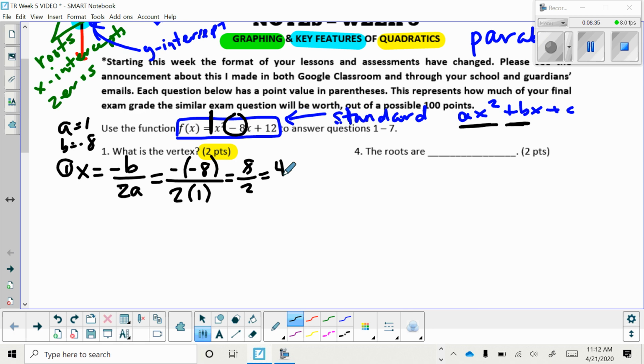But this is asking me for the vertex. The vertex is a point. All the points have 2 values. They have an x value and a y value. So I know x is 4 now. So how do I use that information to get y? We just plug it in. Plug x equals 4 into the function.